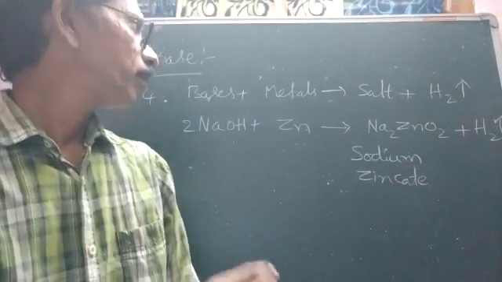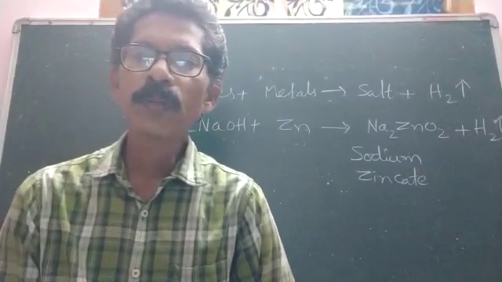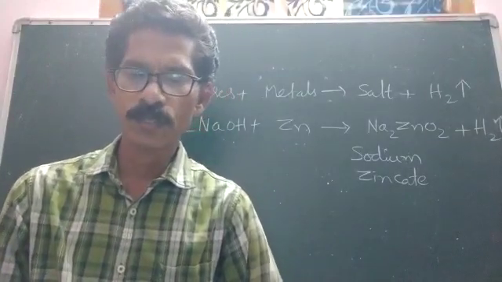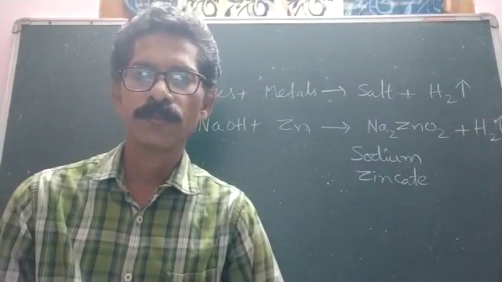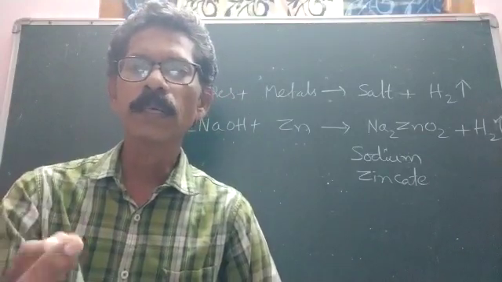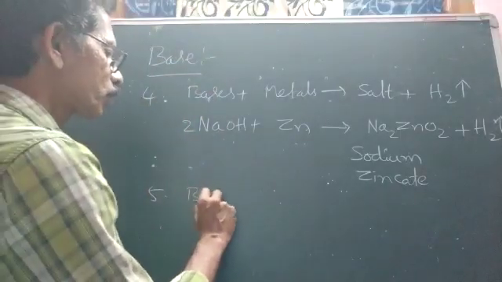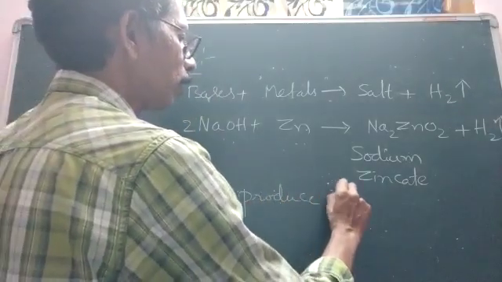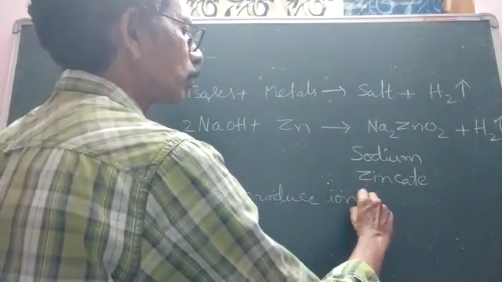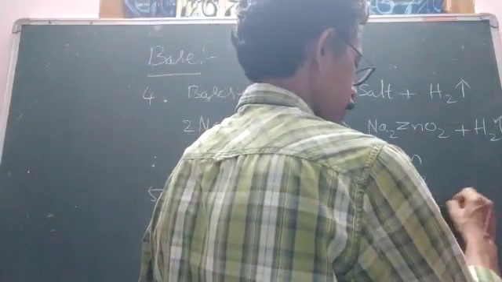Bases produce ions in aqueous solutions, same as acids. So the fifth property is that bases produce ions in aqueous solutions.